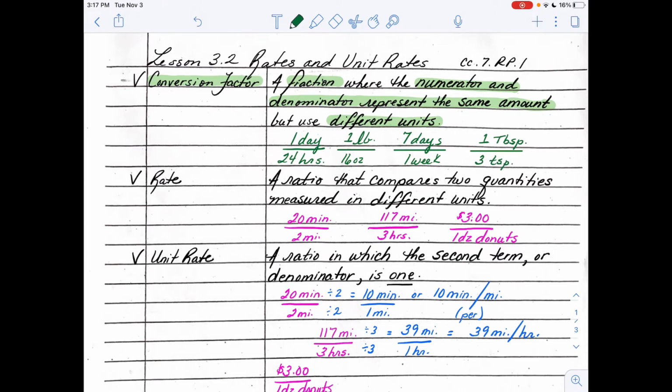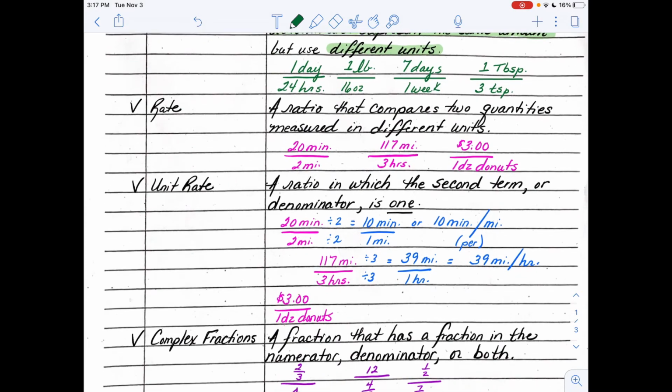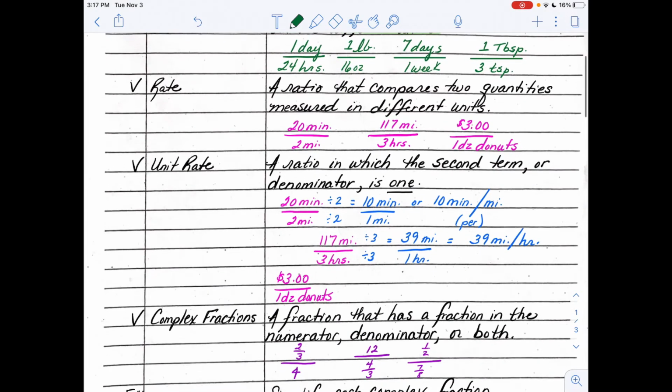So those are what we call conversion factors. It's a fraction where the units on the numerator and denominator are different, but they represent the same amount. The next vocabulary word we're going to look at is rate. And a rate is a ratio. We talked about ratios in 3.1, usually written as a fraction, comparing 2 things.